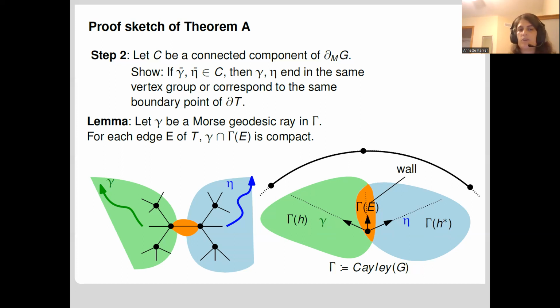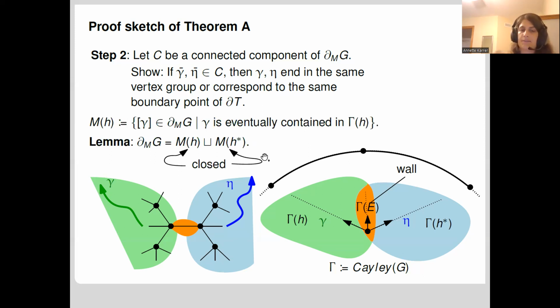Because of that, we know that if we have a geodesic ray which is Morse, then the intersection of this geodesic ray with gamma of E has to be compact. And this is a very strong property. It leads namely to a splitting of the Morse boundary into two closed sets, where these sets consist of all equivalence classes whose representatives end in the one or in the other half space.